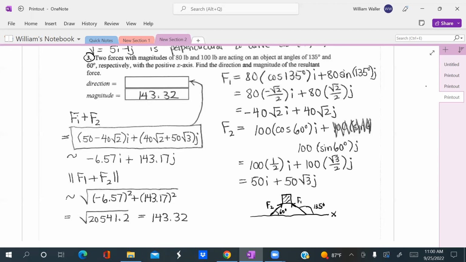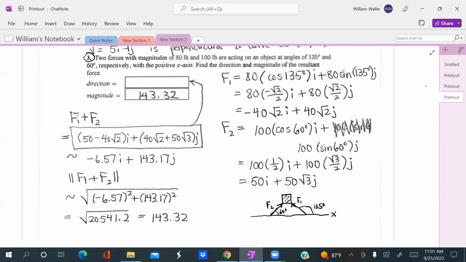And then add the j coefficients together. So you get 40 times the square root of 2 plus 50 times the square root of 3 times j. So there's the exact calculation for the resultant force. That's the total force vector that's acting on this object.